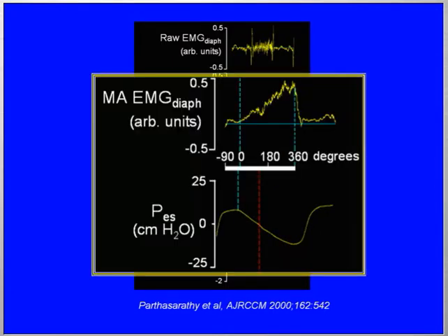And if we zoom in there, we find that during this phase of inspiration, which is 0 to 360 degrees, as defined from the diaphragmatic EMG, the start of inspiration based on flow is a long way away from 0 degrees. In this particular case, it's about 120 degrees, which is a lag between when the patient inspires and when the ventilator actually kicks in.